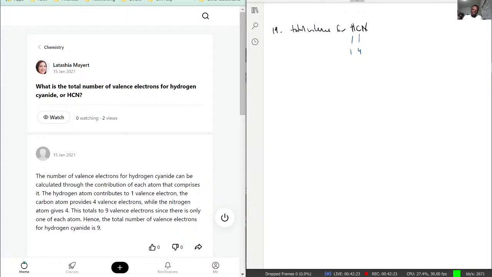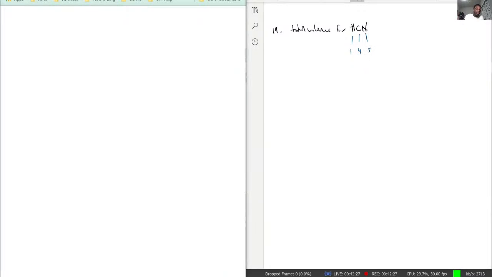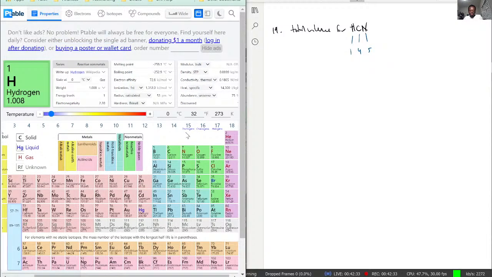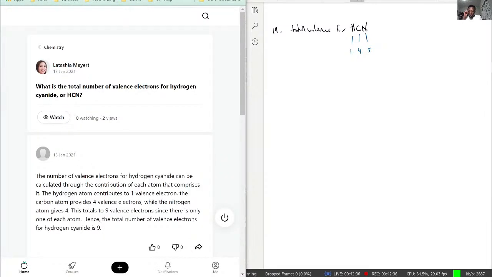And nitrogen would contribute 5 valence electrons, being on the 15th column, according to the periodic table, which I am just going to double check right now. And yep, that is correct. So 1 plus 4 plus 5, we have in total, let me see here, 10. Sorry about that, just had to think for a second. So you have 10 electrons total.